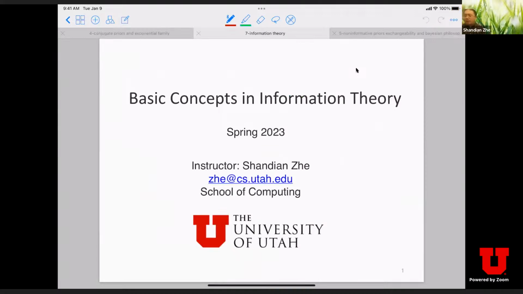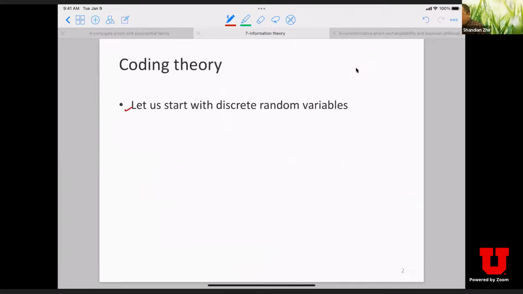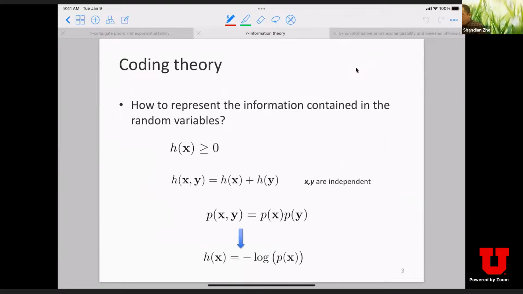Next, we're going to talk about some necessary and basic concepts in information theory, which we're going to use in our probabilistic learning, especially in the inference techniques. So let us start with discrete random variables. In coding theory, which is often used in electrical communication, there's one critical problem: how do we represent the information contained in some random variables?